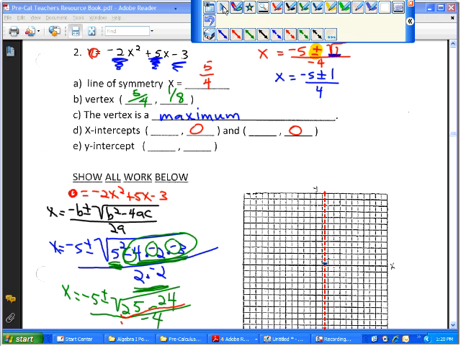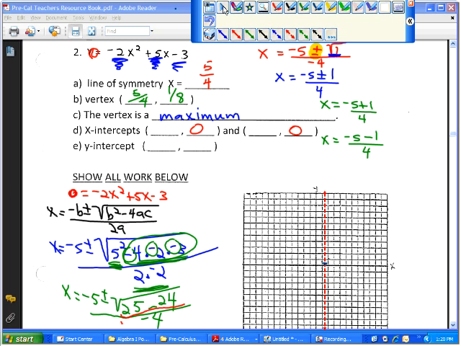Now, after you take the square root, that's where you split it into the plus and then the minus, because it happens when you take the square root, okay? And so we're going to have x is equal to negative 5 plus 1 over negative 4, or x is equal to negative 5 minus 1 over negative 4. Everybody understand the plus or minus and where it comes in?